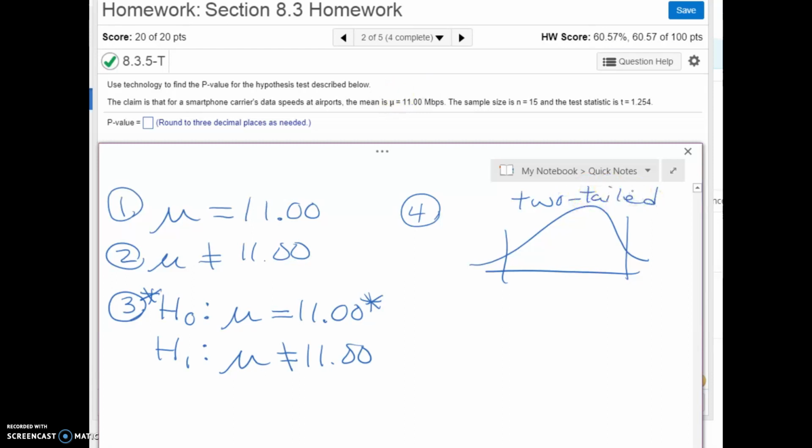If it had been less than, I would be left-tailed. If it was greater than, I'd be right-tailed. But in this case, I'm two-tailed because of the not equals sign. So my H1 is in the two tails. And then step 5 is find the test statistic, which they've already done for us.